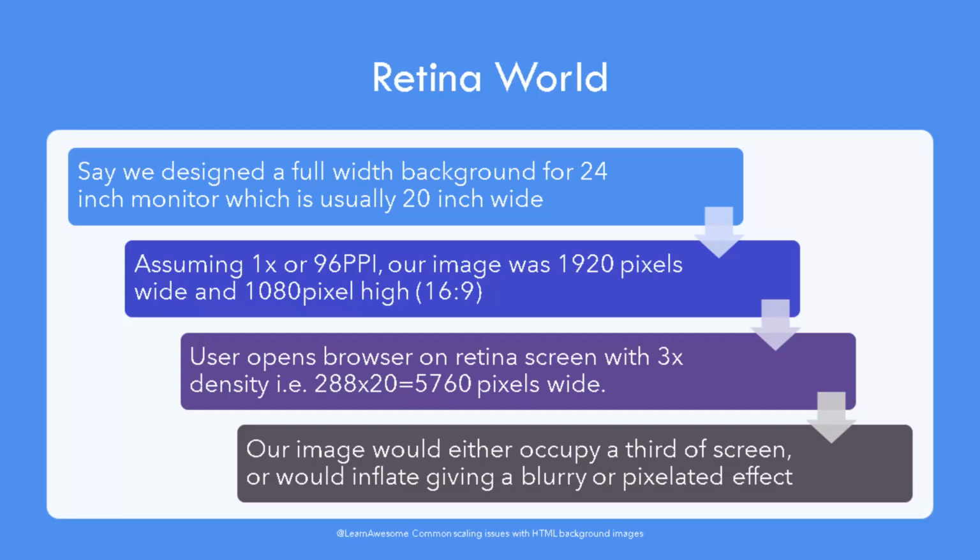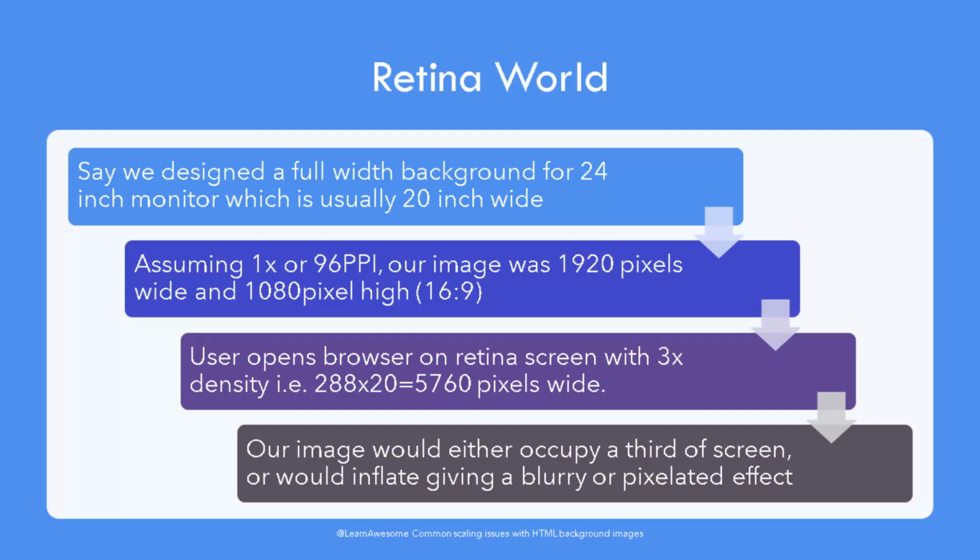For that, we calculated that our image needs to be of resolution 1920 by 1080 pixels. How? 20 times 96 is 1920, and we assumed a 16 to 9 aspect ratio, giving us a height of 1080. On such a standard display, our background image would cover the entire width without distortion or pixelation.